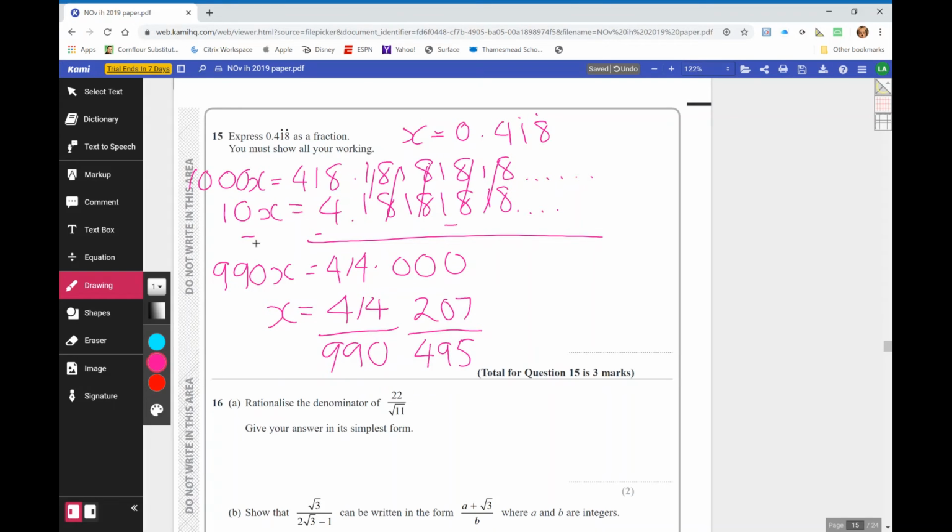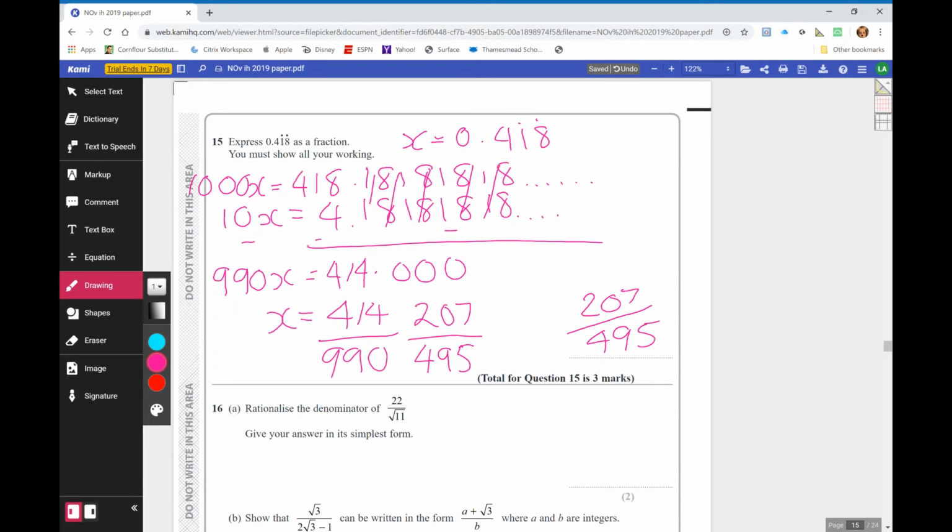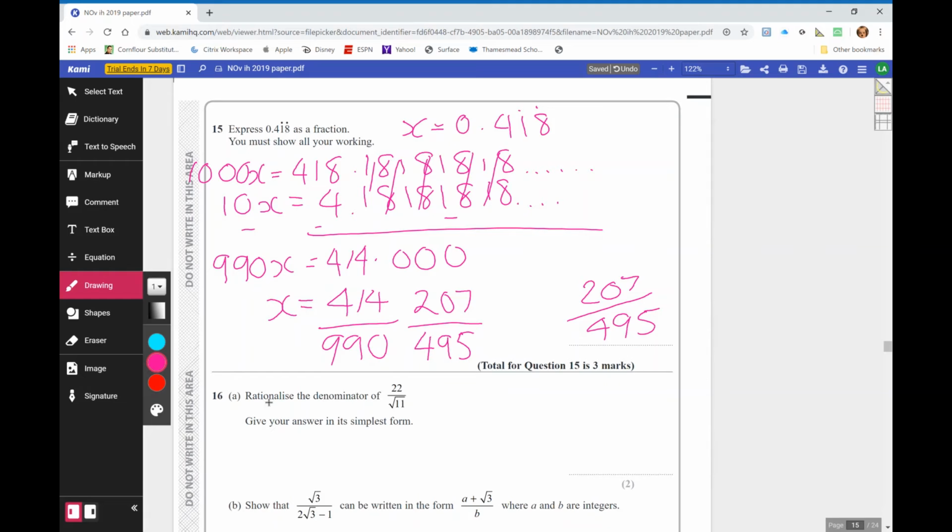And then I can't see anything else on here. I don't think it's divisible by 3. Can't see any more. They don't always worry too much about the simplifying, but I think that is as simplified as it can go. Okay, so that's the answer for that one. It's really important that you get that. And if you get these wrong, if you do 100 by mistake, you'll notice because it'll be out of sync. So you just then start again.